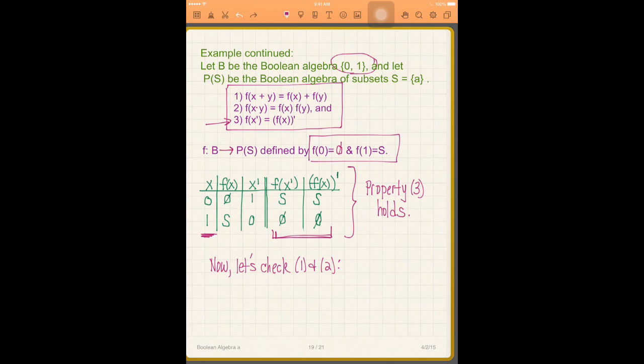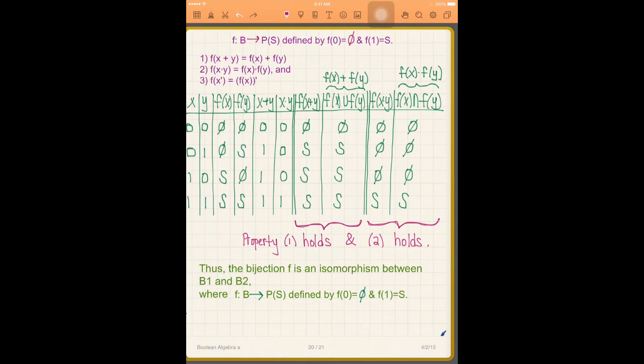Now let's check 1 and 2. So for 1 and 2 to hold, you're looking at x's and y's. So that means x and y, they're both coming from B, and they have the choice of 0 or 1. So that's 2 to the second, which means 4 different pairs. So I have this one, this one, this one, or this one. And you just go ahead and do your f of x, your f of y. Remember what your f is.